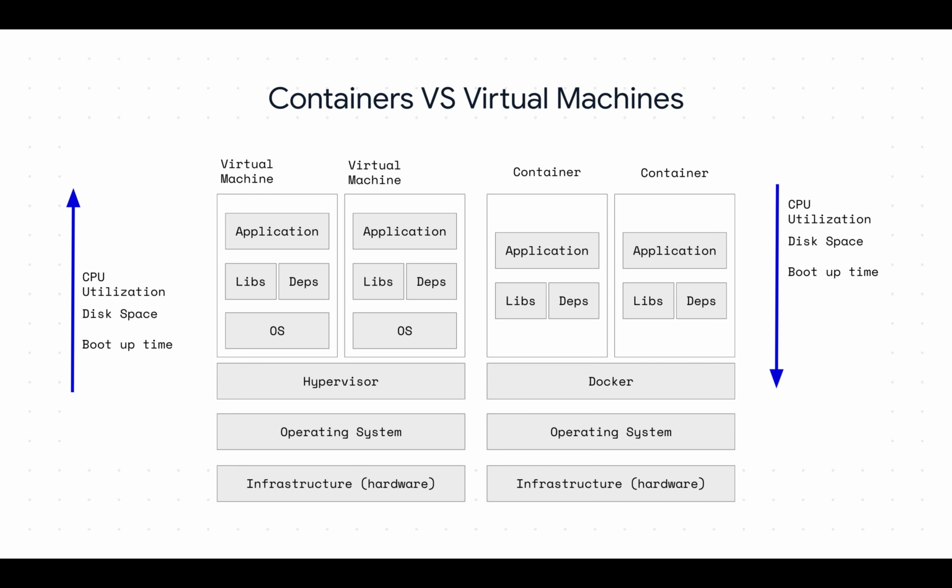That is, the boot time of a virtual machine is on the increasing side as compared to a container where you have reduced CPU utilization because you are running like a minified version of a virtual machine, and the disk space contained for an image, for instance a Docker image, is very small, and the boot time, since like I said earlier, it's a minified version, so you expect the boot time to be way less compared to a virtual machine.